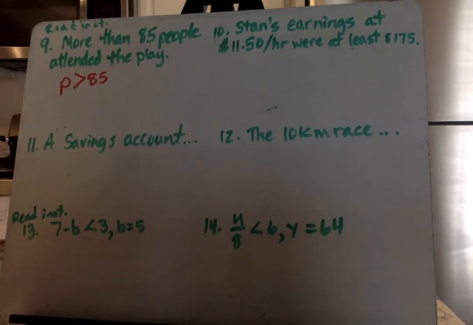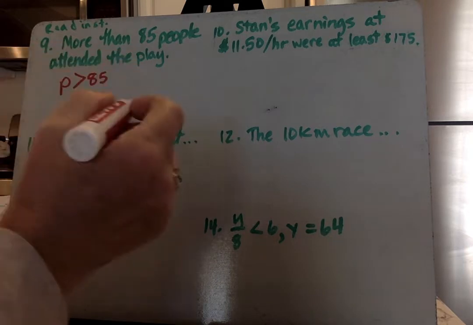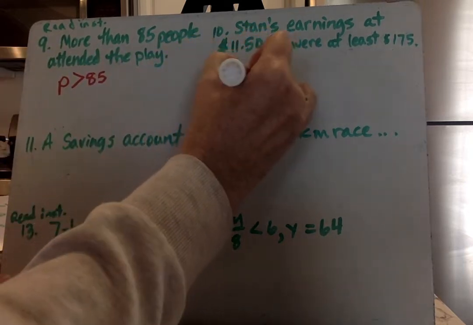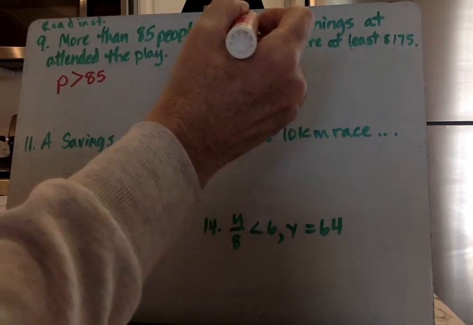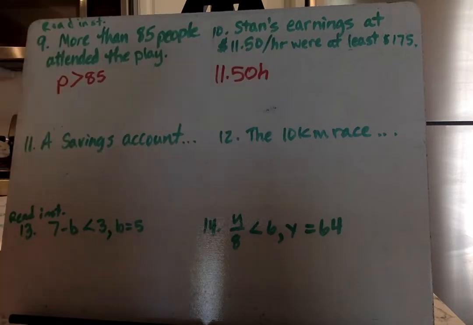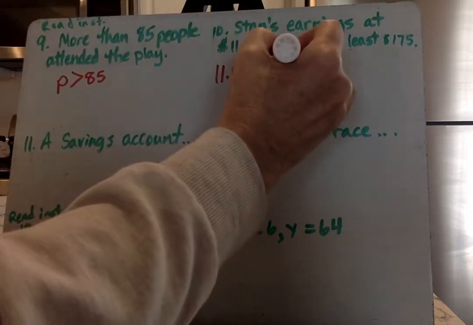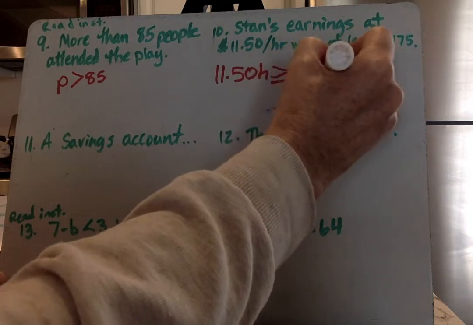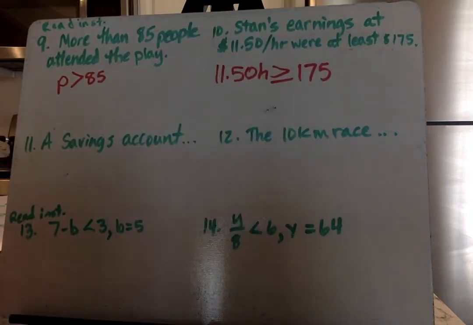So if it's at least, we can say that Stan earns $11.50 per hour. And I'm going to use H for per hour. It's going to be at least, so that means it's greater than or equal to $175. Okay. And it doesn't say to solve or anything. We're just writing the sentence.